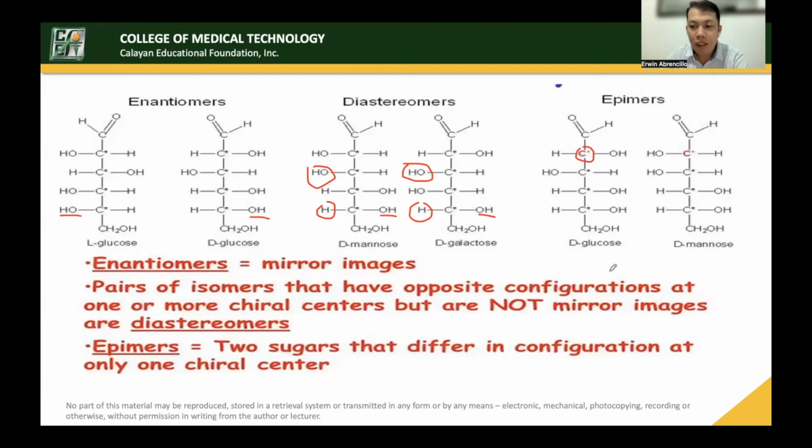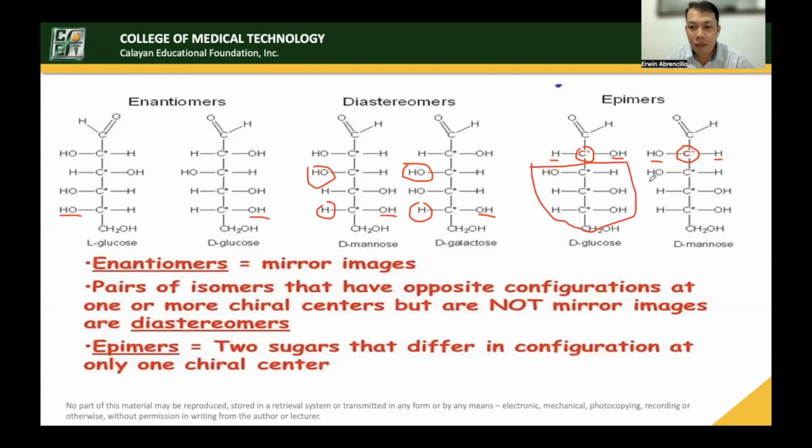So going back, D-mannose has an epimer in the carbon 2 from the glucose. So why? Because they differ here. This H is found at the left, and this is found at the right. And OH here is found at the left, and this is found at the right. But the rest are the same. Okay?